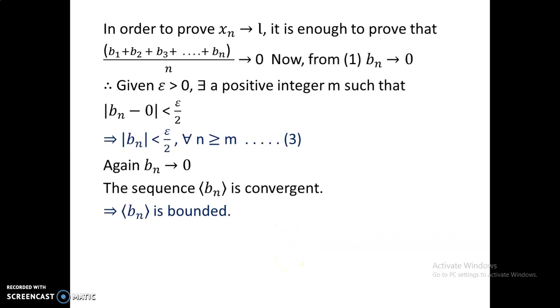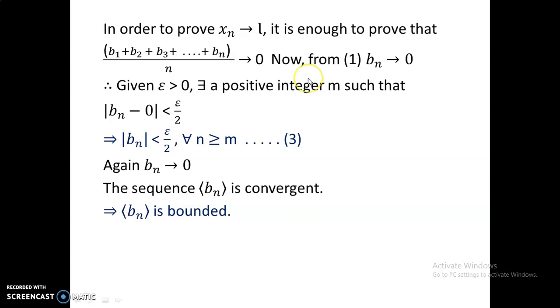In order to prove that x_n approaches L, since x_n is expressed in terms of b_n and L, it is enough to prove that (B1 + B2 + B3 + ... + Bn)/n also converges to 0.